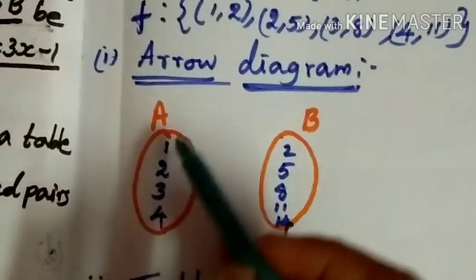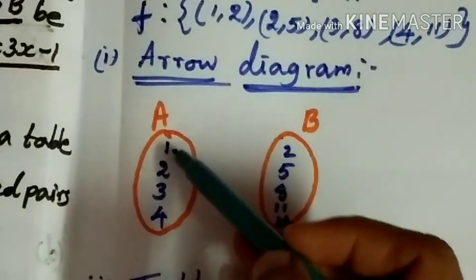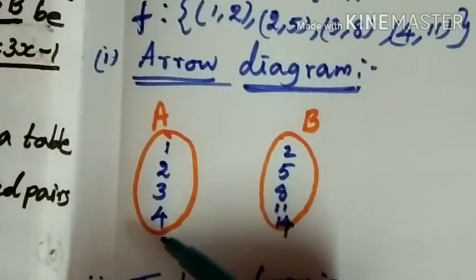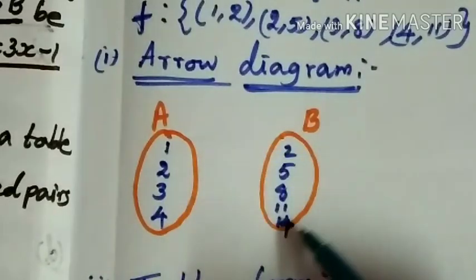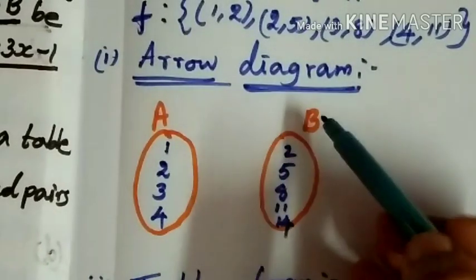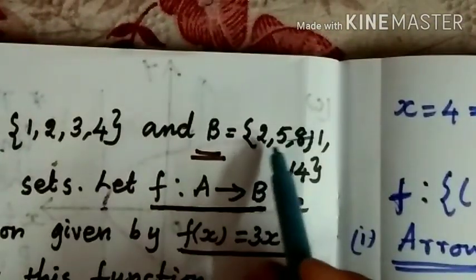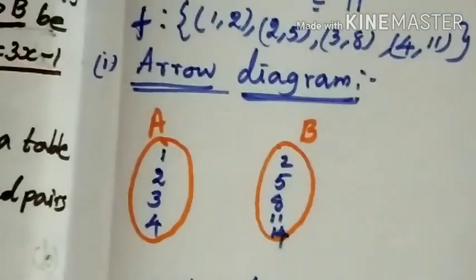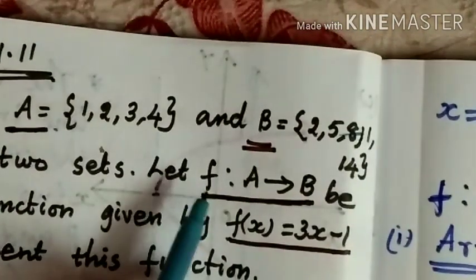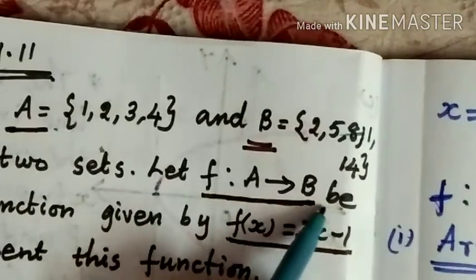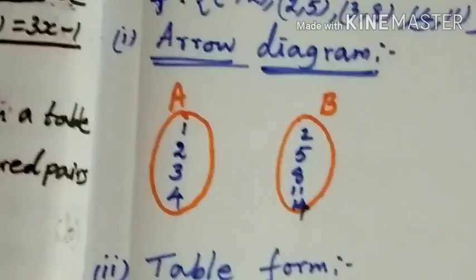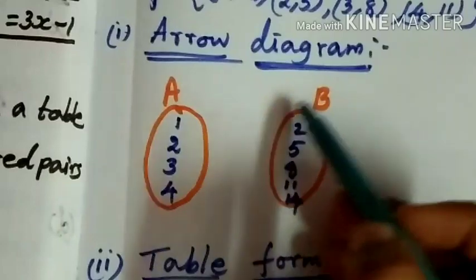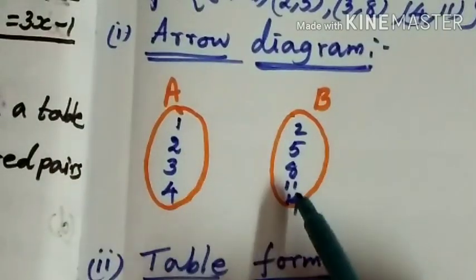So you write that here. Then on this side you should write set B elements, which are given in the question: 2, 5, 8, 11, 14. That also you take down and write, because in the question the function is given such that A to B. So you should write set A and set B elements like this.